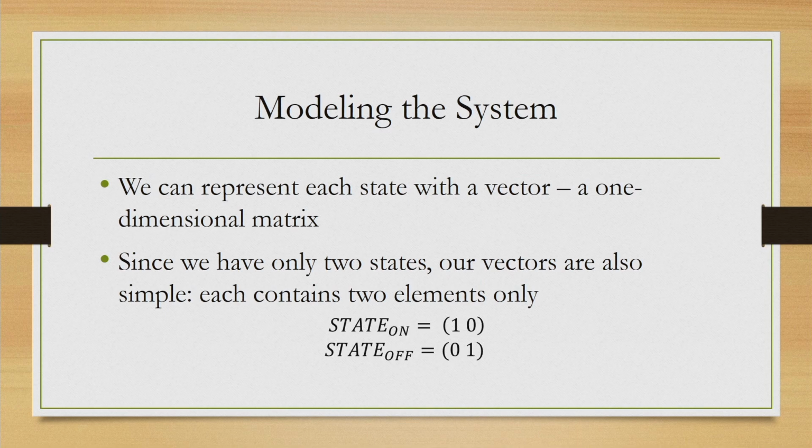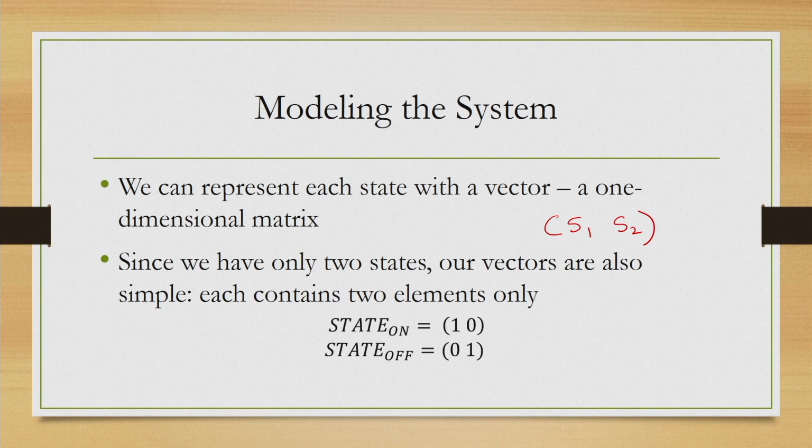Now, each state can be represented with a vector, with a one dimensional matrix. There are two states. So, the general form of this vector can be something like this, where S1 is one state, S2 is the other state.